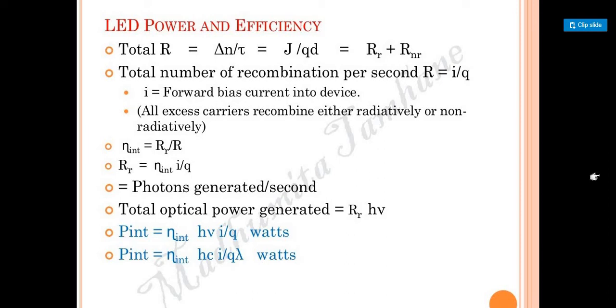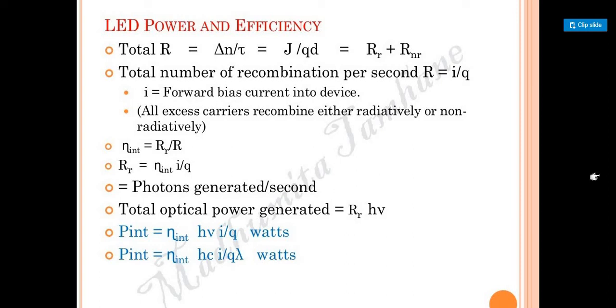So total number of recombinations per second, R is equal to I by q. What does I stand for here? I is nothing but the current, q is nothing but the charge. Here I is the forward bias current into the device. That is, all excess carriers recombine either radiatively or non-radiatively. If it is radiating in that particular direction, that is called the radiative part.